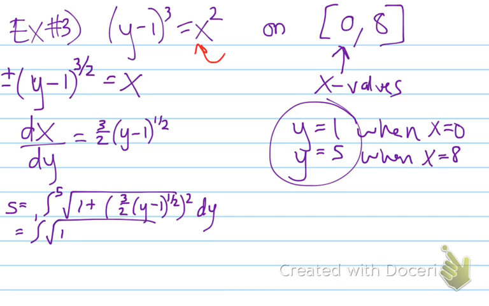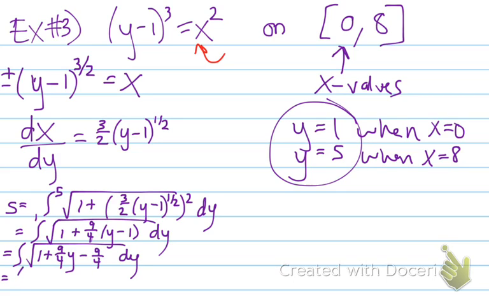So I have 1 plus, when you square 3/2 you get 9/4. When you square y minus 1 to the 1/2 you get y minus 1. When you distribute the 9/4 you get 1 plus 9/4 y minus 9/4 dy.